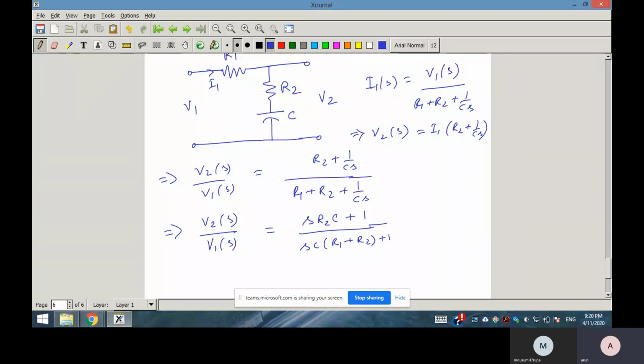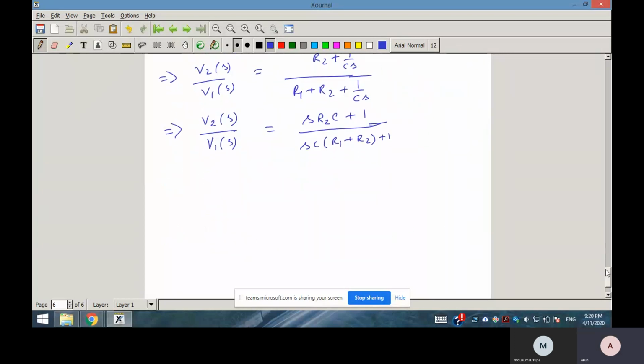If you take R2 into C common, it will be S plus 1 by R2C.